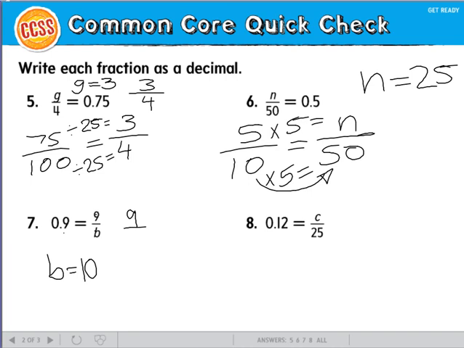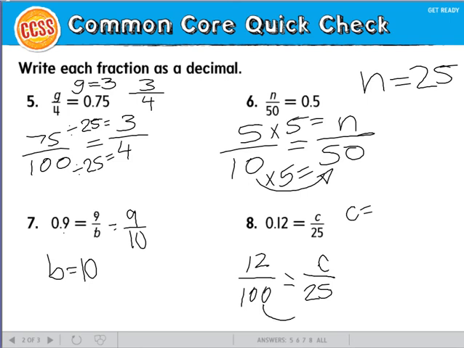Number 8. 12 what? 12 hundredths. That's 12 over 100, which equals C over 25, right?